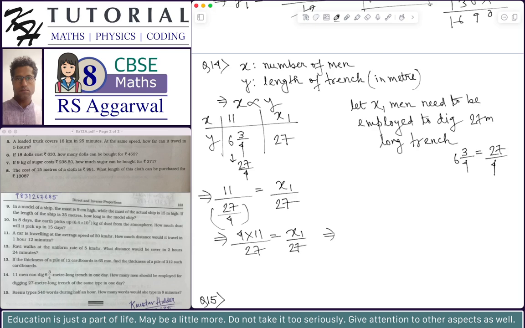Doing cross multiplication and solving for X1, we get X1 is equal to 4 multiplied by 11 multiplied by 27 divided by 27. So this is 44. Not 44 days, sorry, but 44. X1 is 44. That is, 44 men will be required to dig a 27-meter long trench in a day.